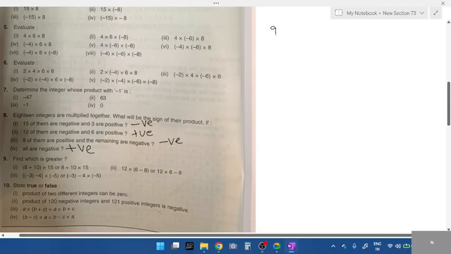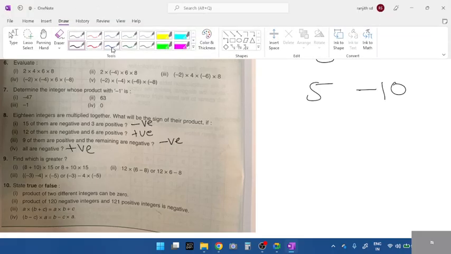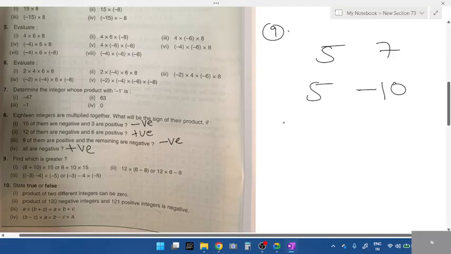Next, ninth one. Which is greater, 5 or 7? Okay. 5 or minus 10, which is greater? 5. Why is minus 10 not greater? Very good. It's negative and it's not greater, right? You know number line?